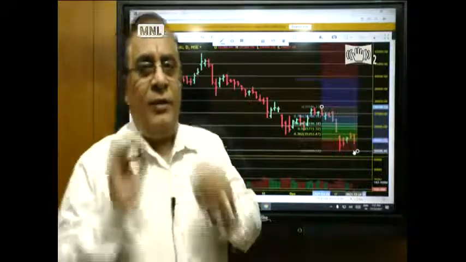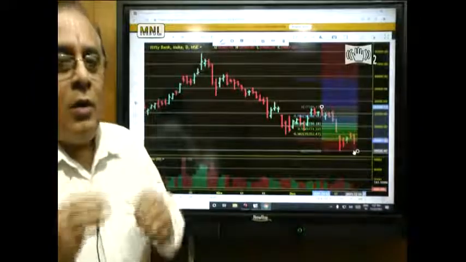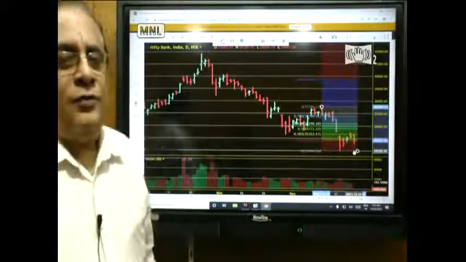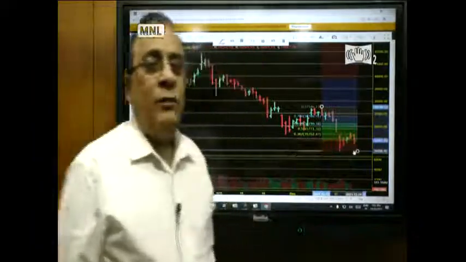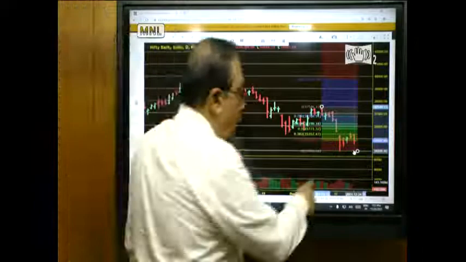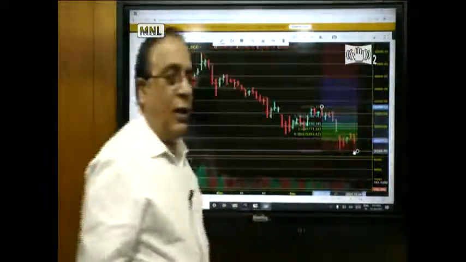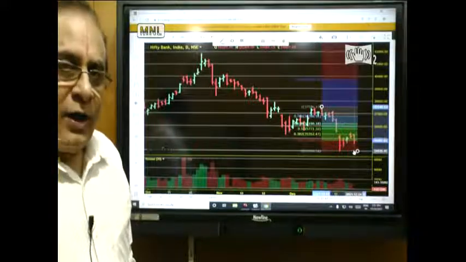Now how will you get confidence to trade on the upside? Confidence to trade on the upside will come when this day's high is broken, because that will confirm that this is a bottom and this is a higher bottom. So at least we have got higher tops, higher bottoms, higher tops, higher bottoms.